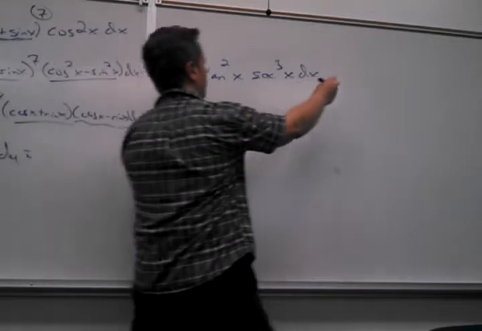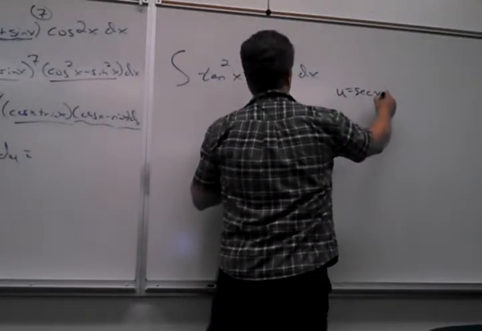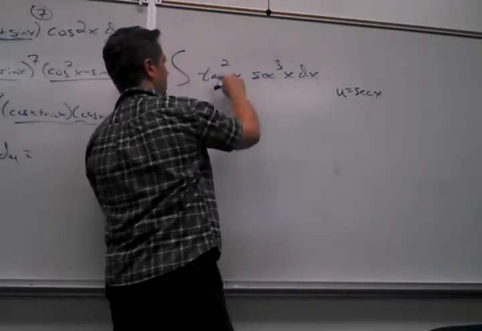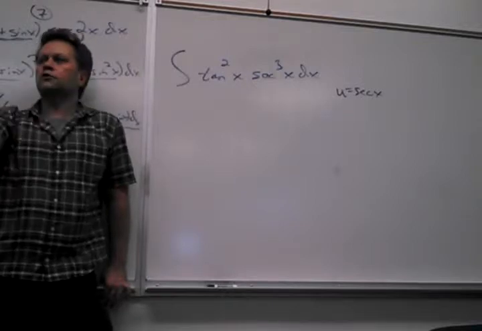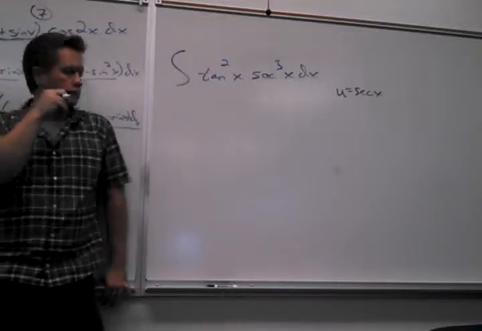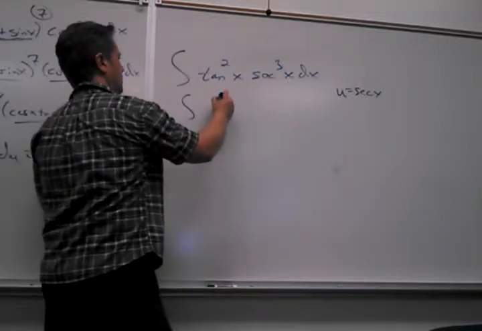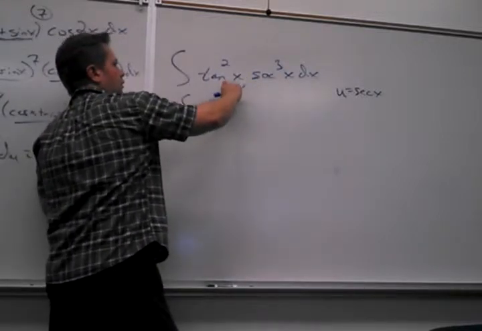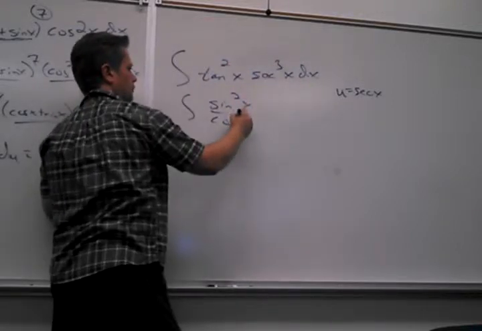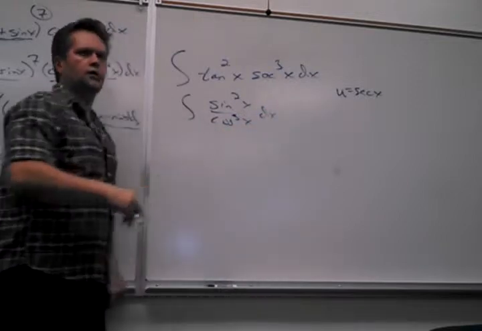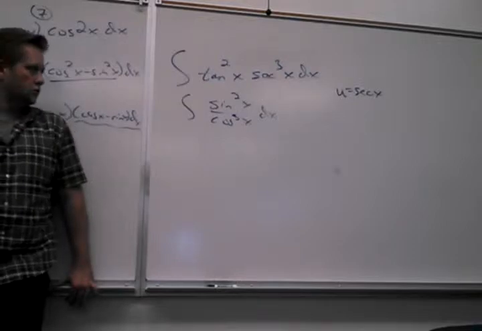If I let u equal secant, then du is tangent secant, and I have one tangent left. That sucks. You turn them into cosine and sine. Yeah, you can try that next. Then what does it become? It becomes sine squared over cosine to the, right? And this will actually work, sort of, maybe.